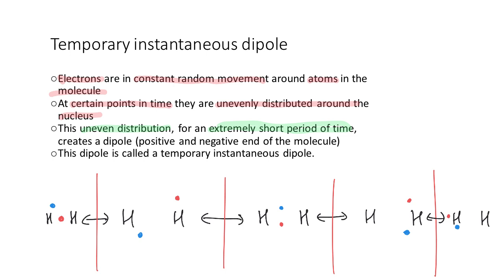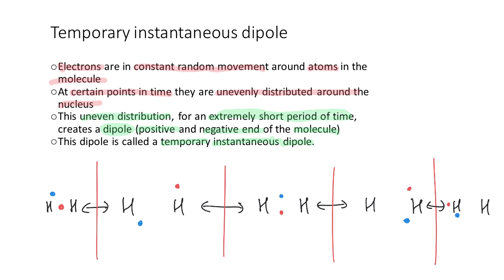But even for an instant of time, a dipole can be created, which effectively means a positive and a negative end of a molecule, and they exist for an extremely short period of time. So these are called temporary instantaneous dipoles. Temporary because they don't last very long, and instantaneous because it's a very, very short period of time.